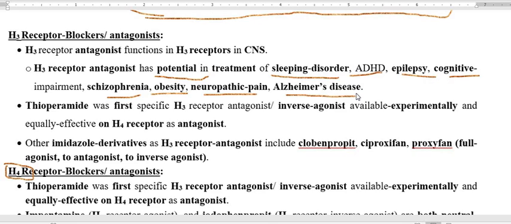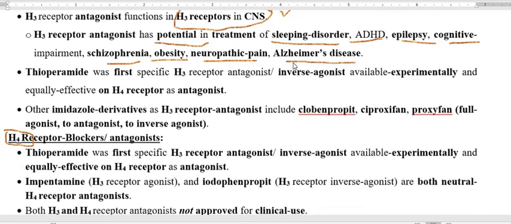Schizophrenia is a problem with thinking. So all these diseases are related to the neurons or CNS, and because this receptor, particularly the H3 receptor, is present in the CNS, this is a very unexplored area to be explored for using H3.